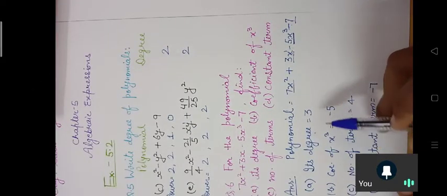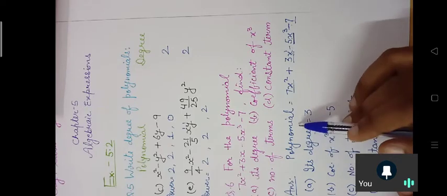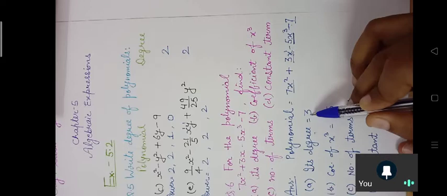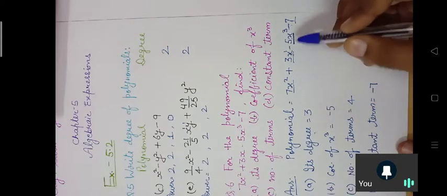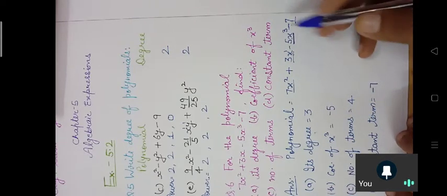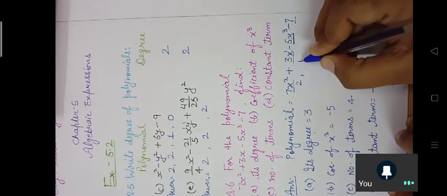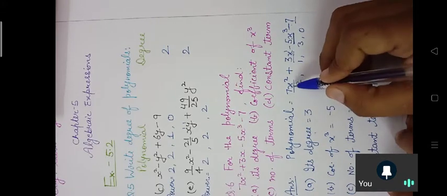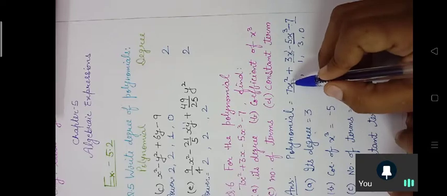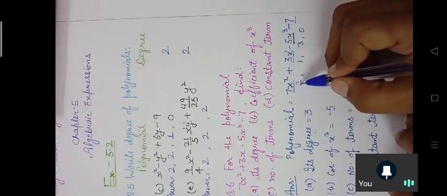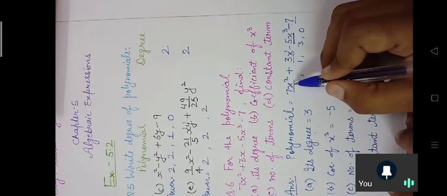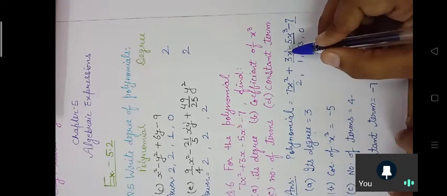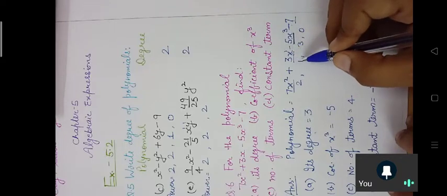If I want to write the degree of the given polynomial in question 6, then it will be 3. Because if I calculate the powers of the different terms, they will be 2, 1, 3 and 0. In the first term only one variable, x, is present, its power is 2, hence the power of the term will also be 2. In the second term also one variable is there, its power is 1, so the whole term's power will also be 1.